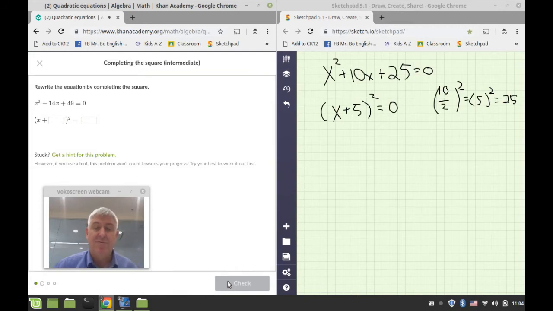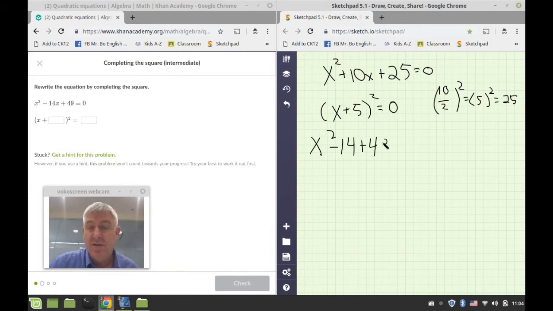For number 2, we're going to do the same thing. x squared minus 14x plus 49 equals 0. We're going to take the coefficient of the x term and divide by 2 and square it, so that's negative 7 squared, which is equal to 49.